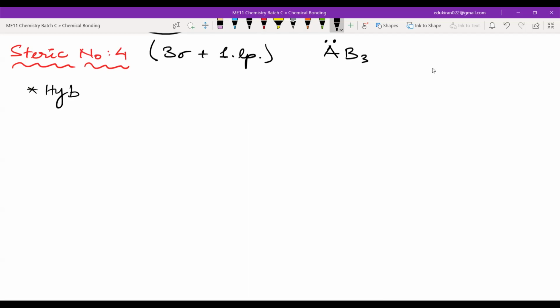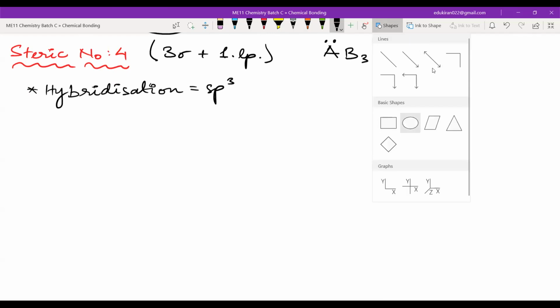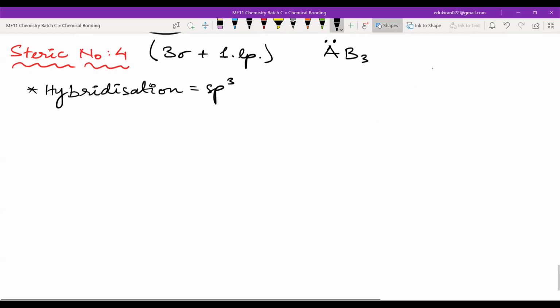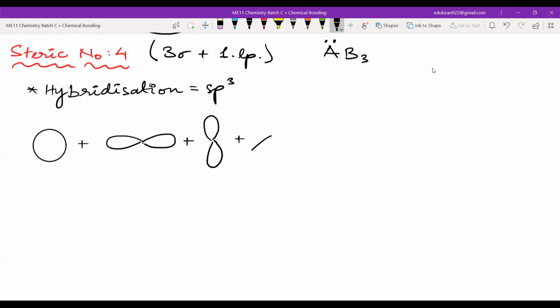sp3. Yeah, hybridization is always the same. Okay, hybridization sp3. So in hybridization of sp3, you will have the s orbital, plus you will be having the p orbitals.